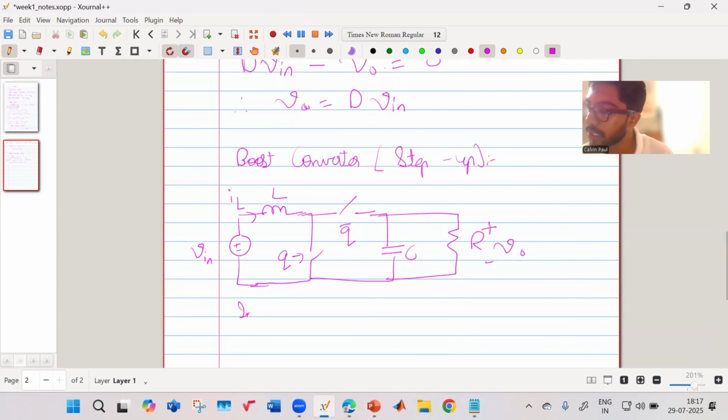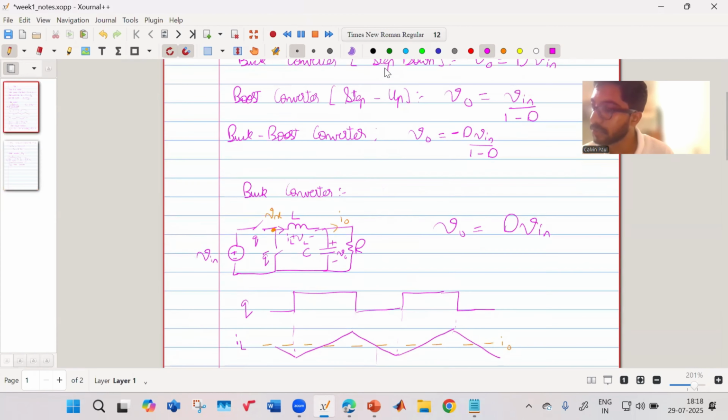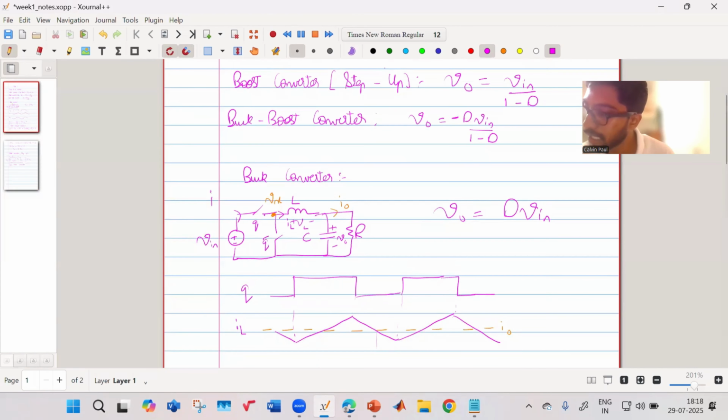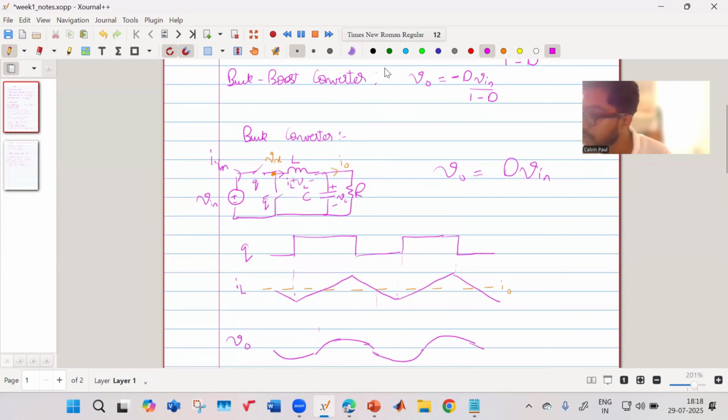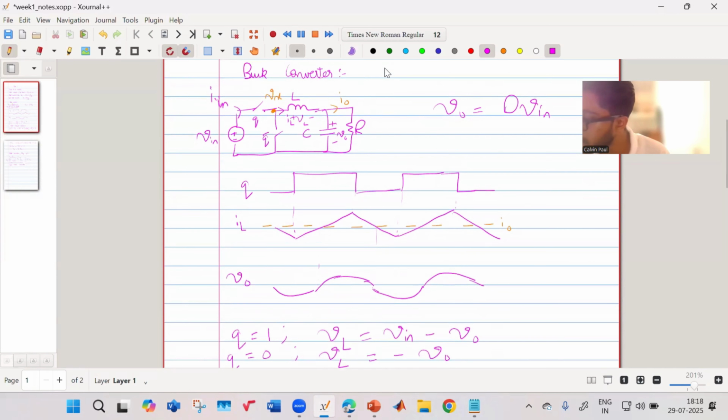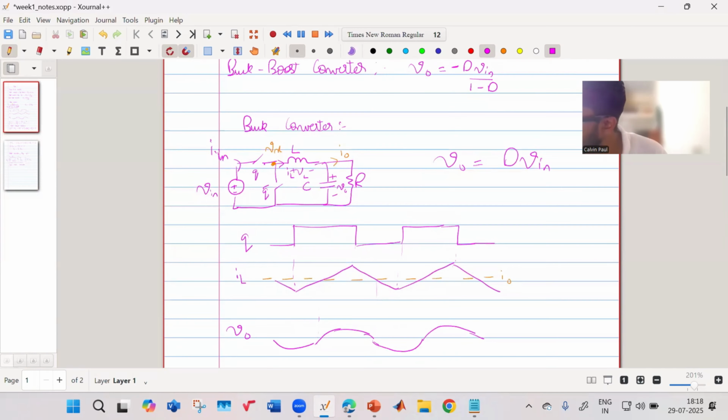And it is used in many places where we want the input current to be continuous. While in the case of a buck converter, the input current actually is discontinuous. Let me draw it over this space.